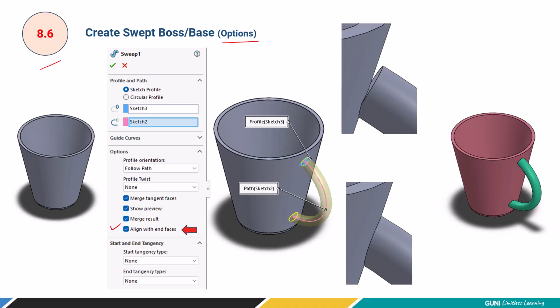The problem is the sweep feature simply ends at the end of the sketch. So in this case, this handle will simply fail to merge with the body of the mug. So using this option called align with end faces, it simply extends the sweep feature to this surface and you will achieve the desired outcome.